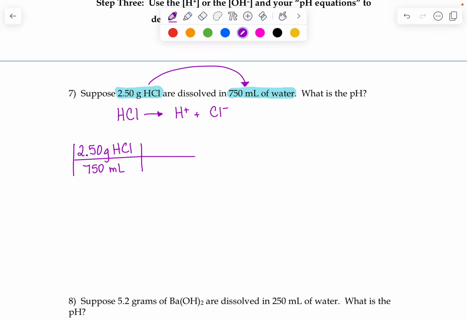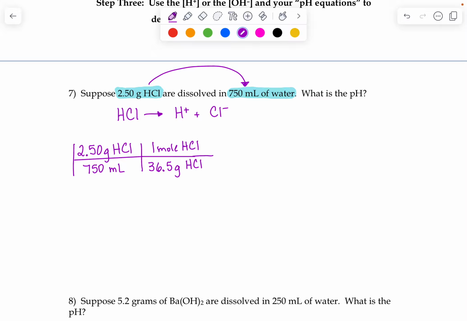So because I want my grams to cancel out and go away, I need the molar mass of hydrochloric acid to cancel out those grams. So if you look at your periodic table and add together 1 hydrogen and 1 chlorine, you'll get a molar mass of roughly 36.5 grams per mole of hydrochloric acid.